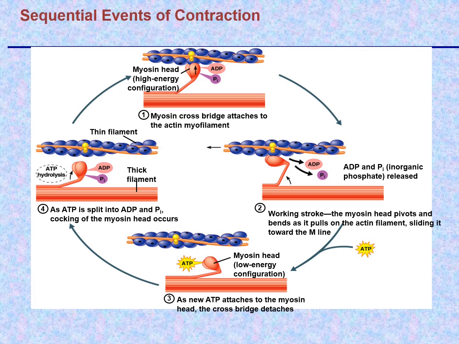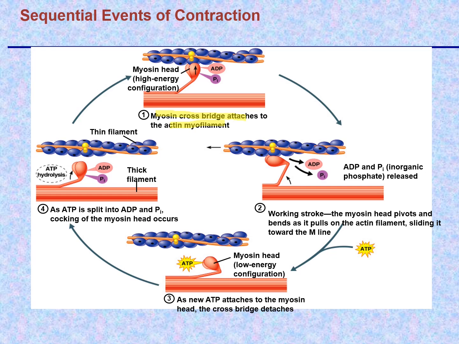So this diagram is showing the interaction between the myosin thick filament and the actin thin filament, the two types of myofilaments. And here in this case you have the myosin cross bridge attached to the actin myofilament, and now with a following attachment you get pivoting of the head.